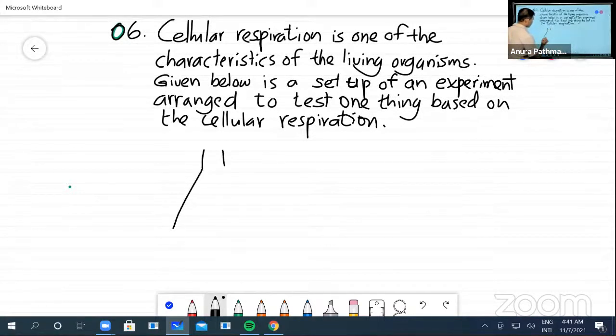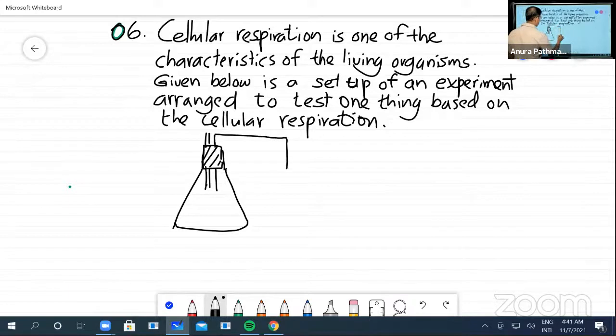Conical glass. Then this one. You can have it here.